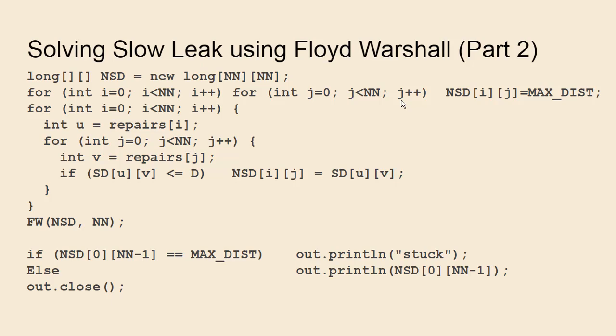I want to know from the school what is the shortest distance to home. But because I already have Floyd-Warshall set up, and it is efficient enough for this, I'm just going to call Floyd-Warshall again. But I first need to set up the distance matrix. So this is the new distance.